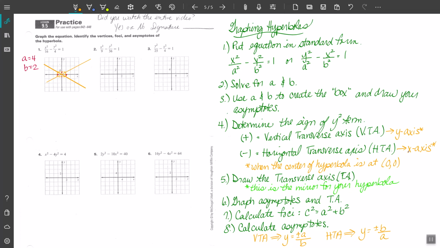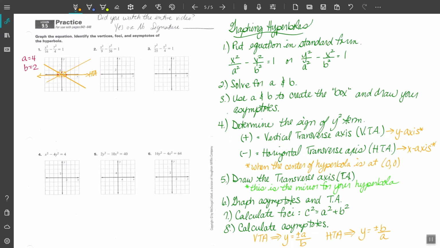In this case, because we're working with hyperbolas that have a center at 0, 0, the origin, my horizontal transverse axis is actually going to be the x-axis. So I can just draw that in right here on the x-axis, and I'm just going to label it HTA, horizontal transverse axis.